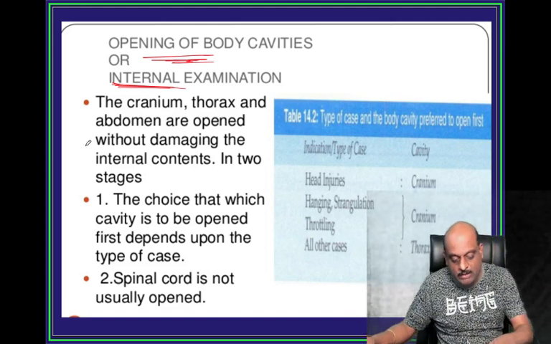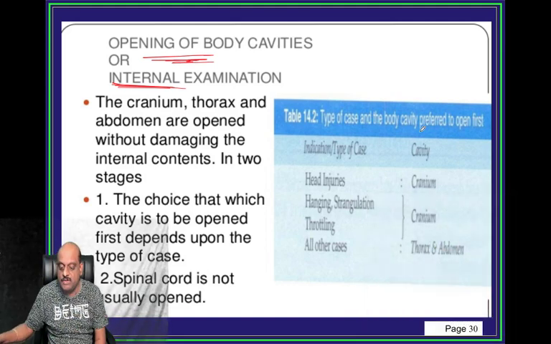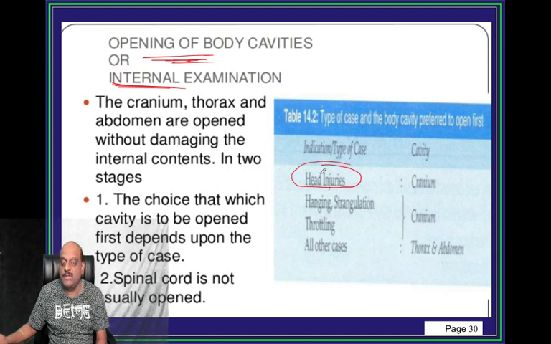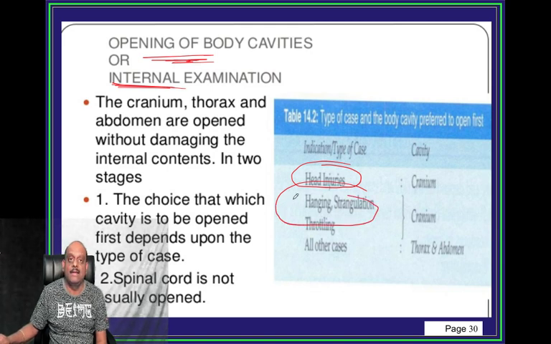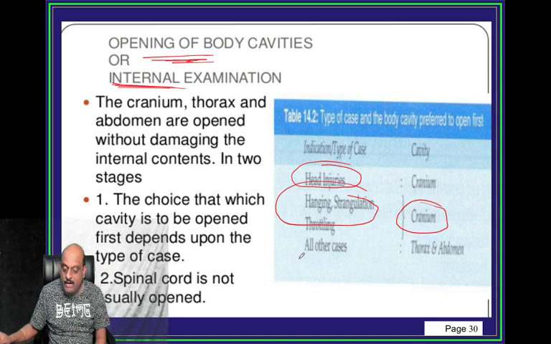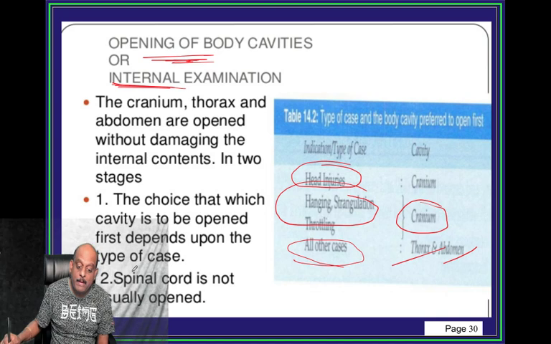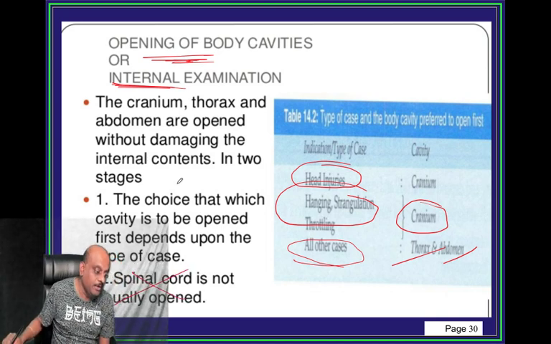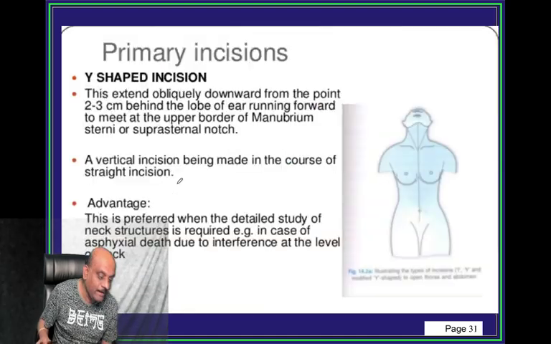You have to be very sure about those preferences, doctor. Head injuries, you will open the cranium. Hanging, strangulation, throttling, first to open is the cranium. Whereas in all other cases you will be opening the thorax and abdomen. The spinal cord is usually not opened, is what you have to remember.